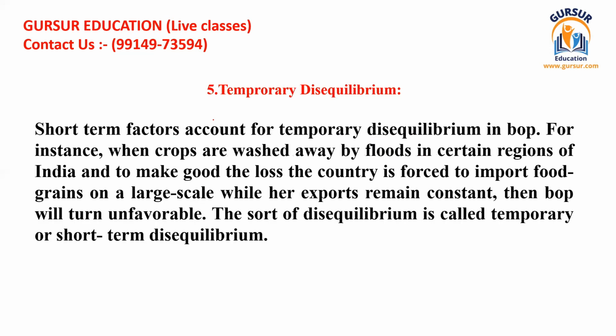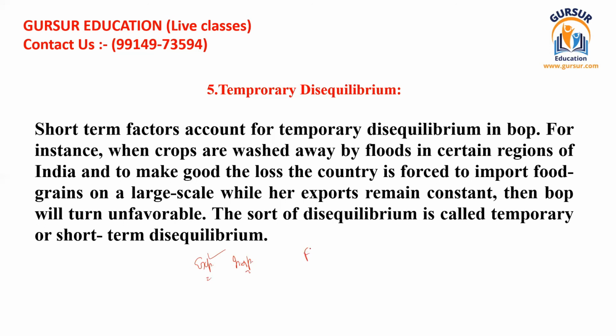And the last one is temporary disequilibrium. This is just a temporary disequilibrium. What happens is, you were importing and exporting in a very good way, you were exporting your crops to other countries and earning much foreign reserves. But in a specific year, flood came and your crops were completely washed away.